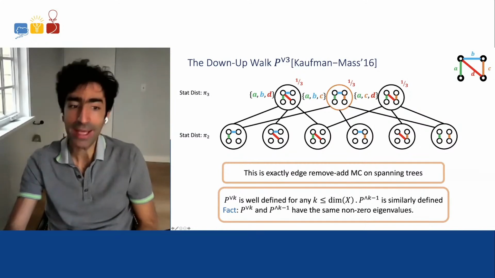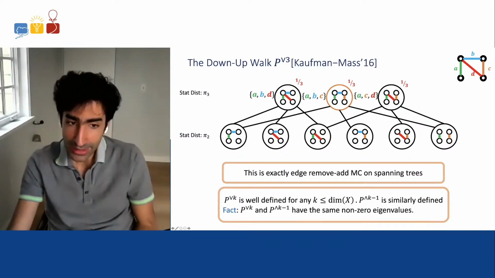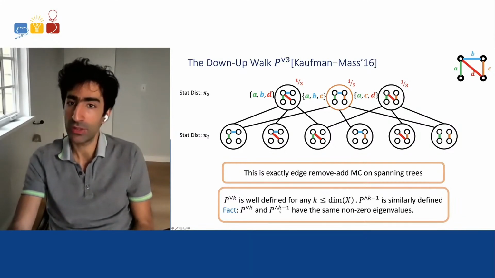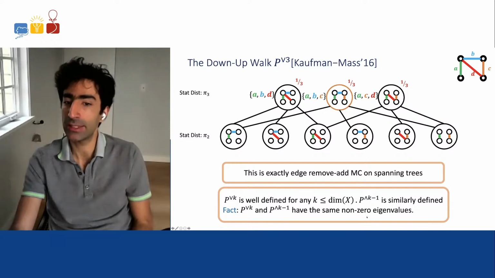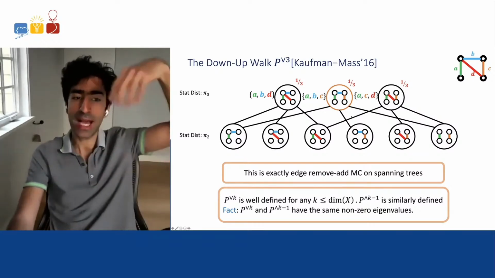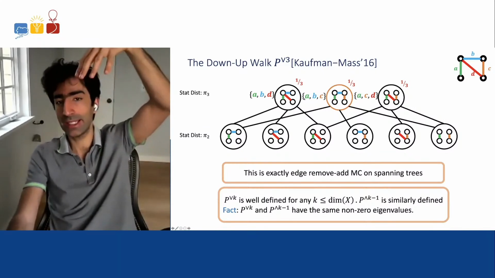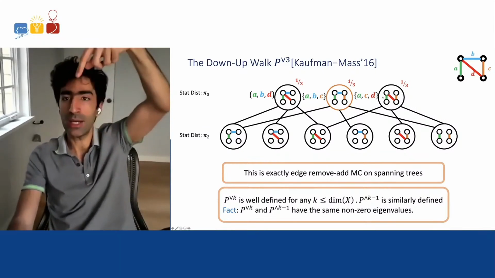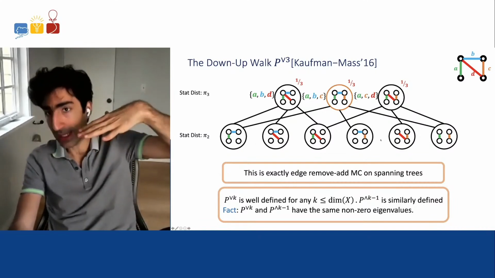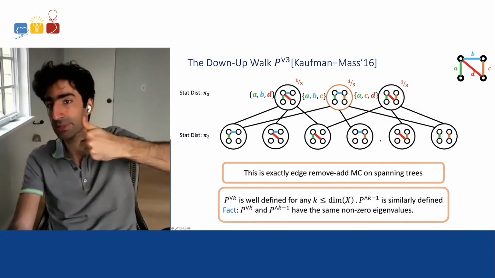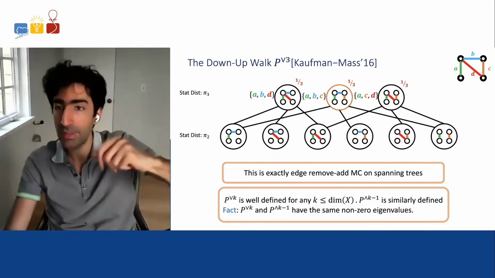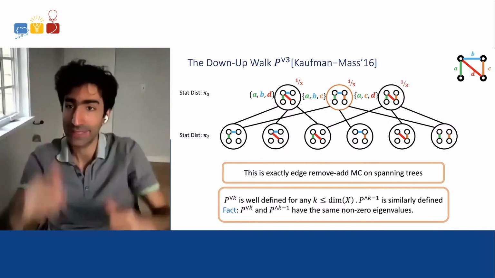And here is a cool fact: look at P down up of k and P up down of k minus 1. I'm saying they have the same non-zero eigenvalues. Basically, P down up of k starts from level k in this graph, comes down and then goes back up. P up down of k minus 1 starts from the bottom layer of this bipartite graph, goes up and then comes down. So both of them are taking 2 steps on this bipartite graph, each starting from different sides.